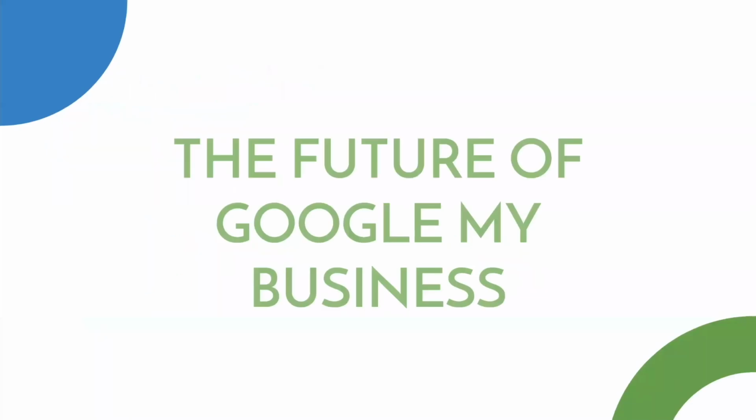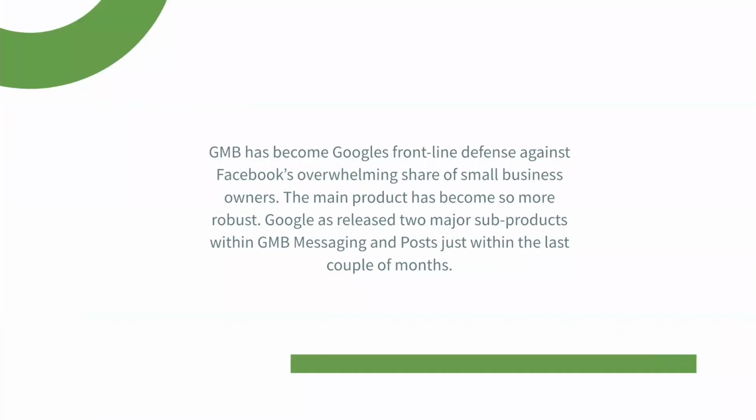I'd like to take this to the future of Google My Business. At various times in its past, Google My Business was the hot potato no one wanted to be left holding. That is no longer the case. GMB has become Google's frontline defense against Facebook's overwhelming number of small business owners' pages. The main product has become so much more robust.